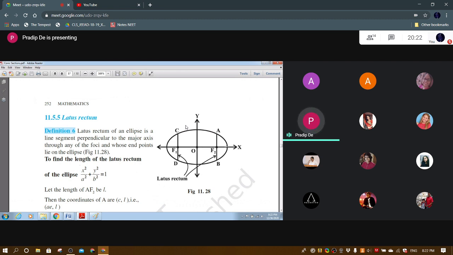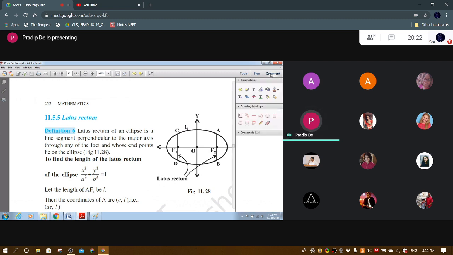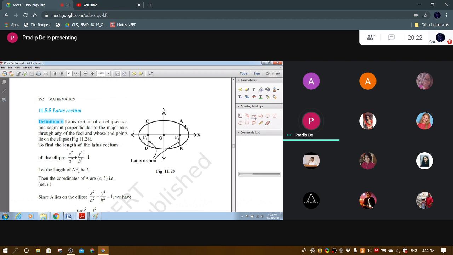and center to directrix. Directrix is not drawn, but if I draw the directrix, center to directrix will be A by E. I'm showing it here. Imagine the directrix is here. Suppose this is the directrix.